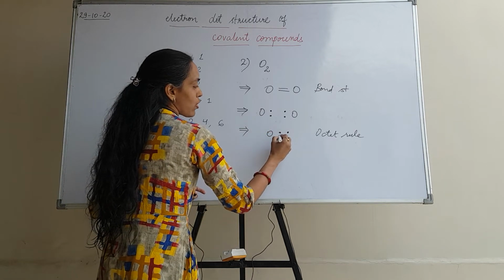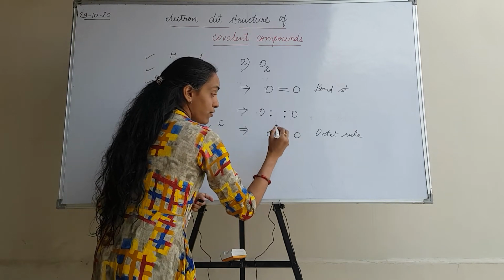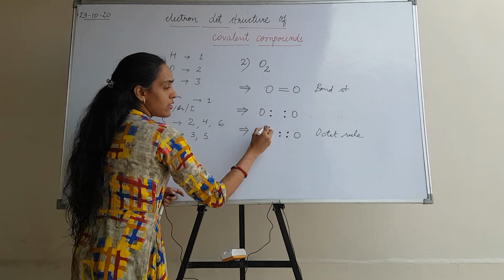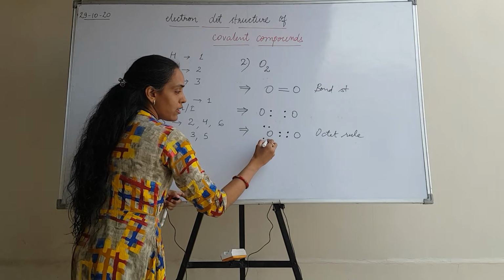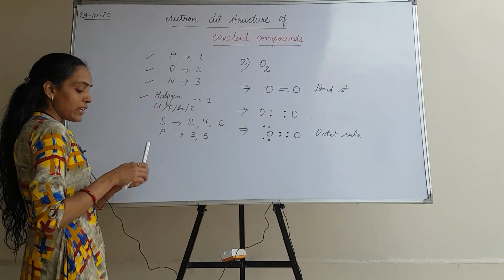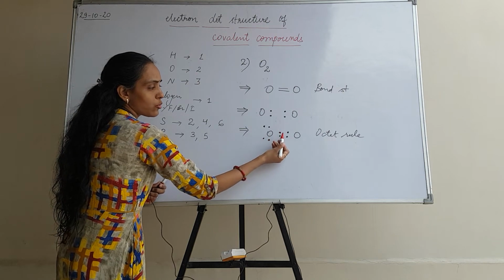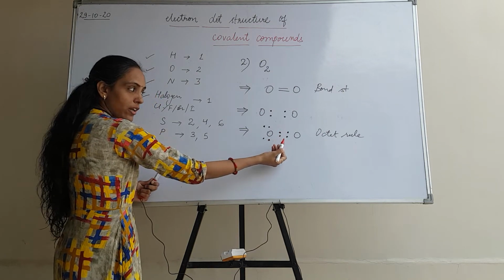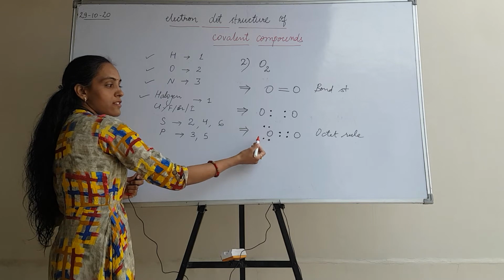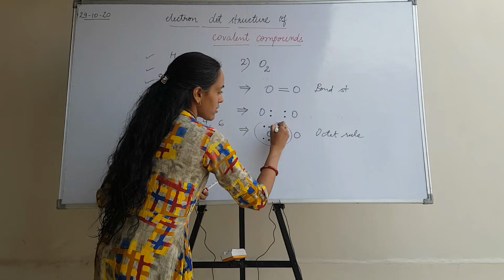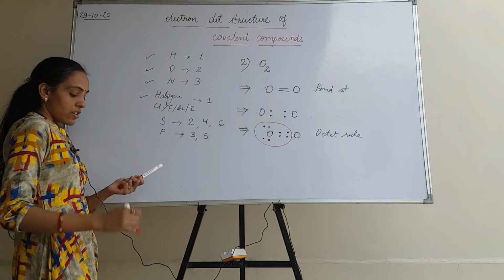So again you draw these 4 which are pending, somewhere. 1, 2, 3, 4. Now please check carefully. With this oxygen, 1, 2, 3, 4 electrons were in sharing mode, and the 5th, 6th, 7th, 8th electrons complete the octet. So with this oxygen the octet is now complete.